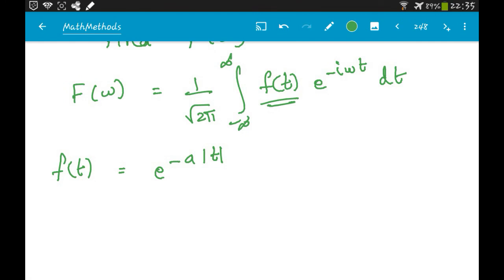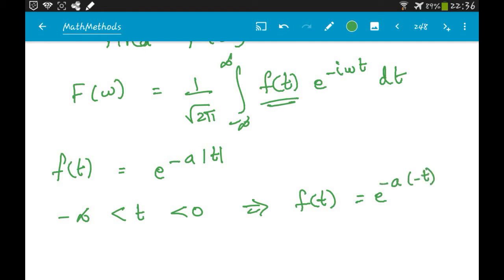So from minus infinity less than t less than 0. When t is between minus infinity and 0, then f(t) is nothing but e^(-a·(-t)), because t is negative between minus infinity and 0.